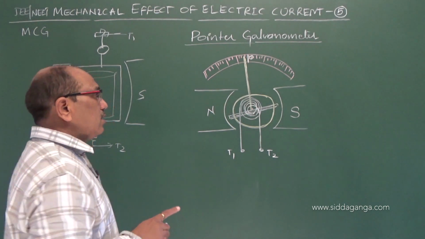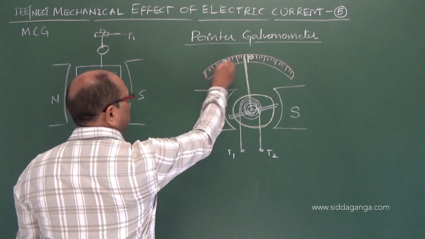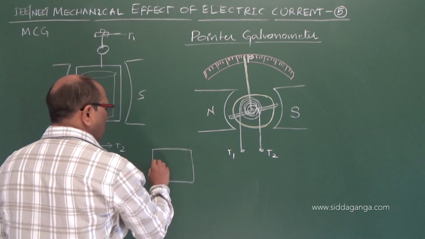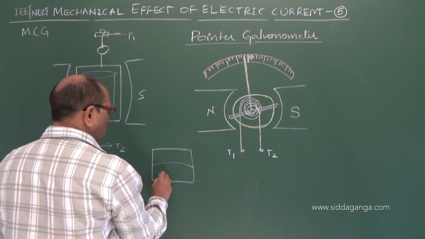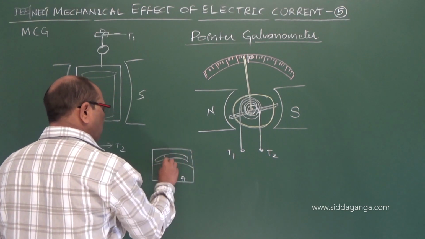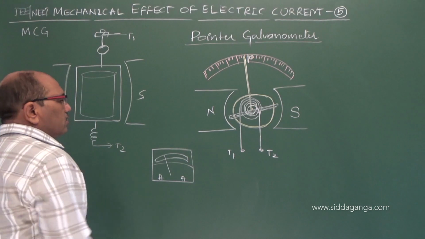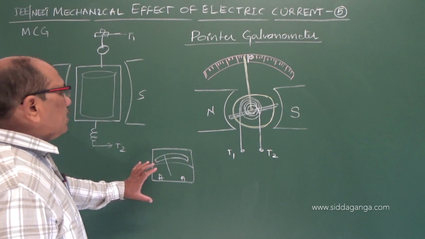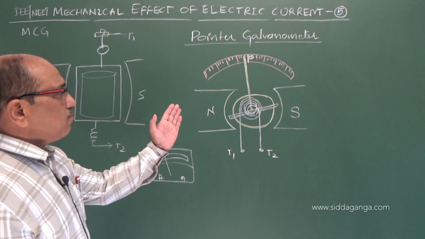Instead, the scale is brought within the device. This device you use in the laboratory has some openings with the terminals provided, and there is a scale inside it with a pointer. So that is the pointer galvanometer, a compact portable device.